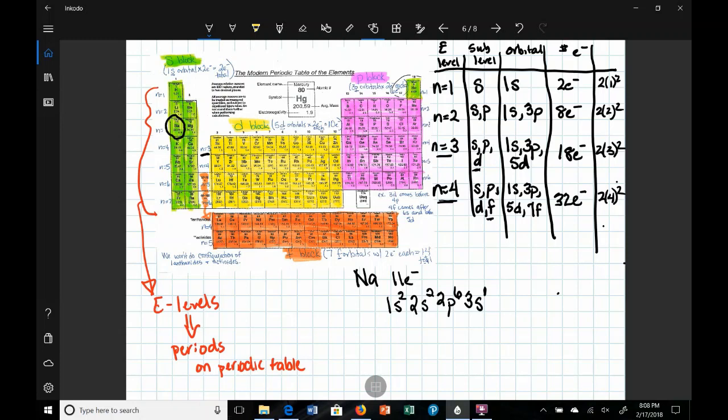So what does this electron configuration mean? Let's break each part down. Here, that is n, the principal energy level. These represent the sublevels.